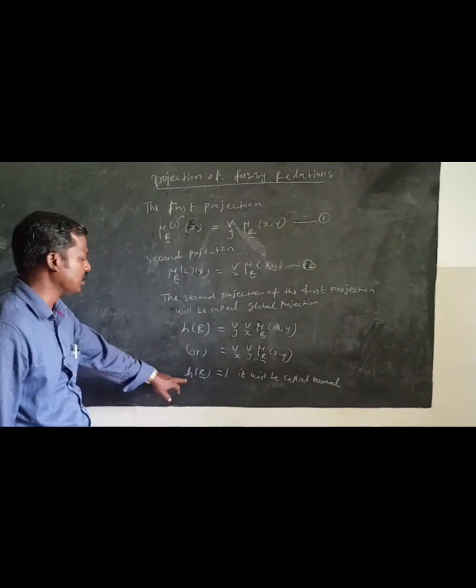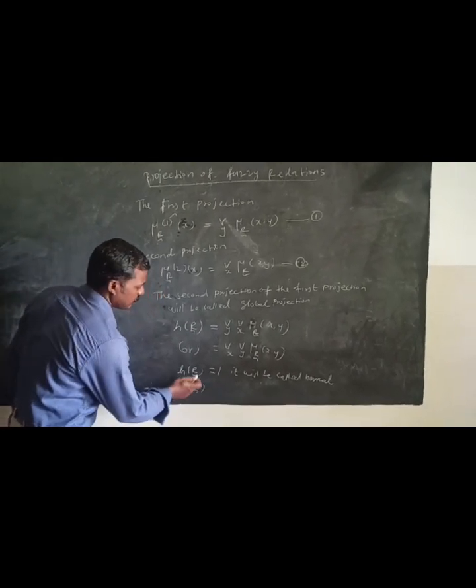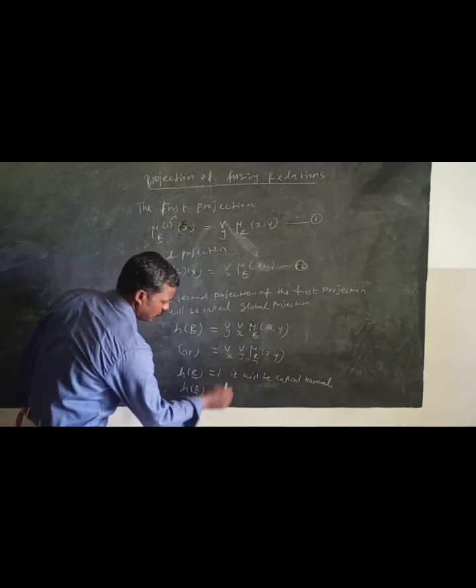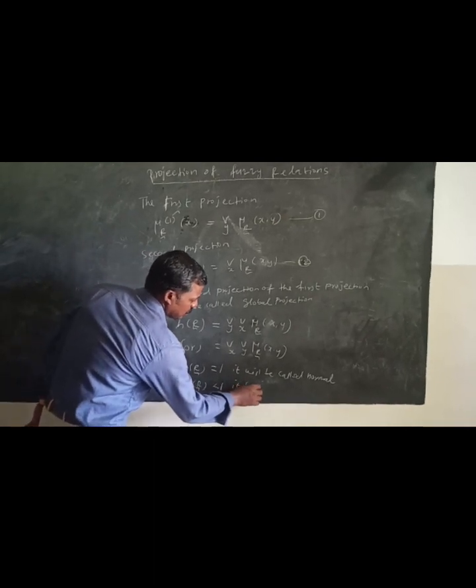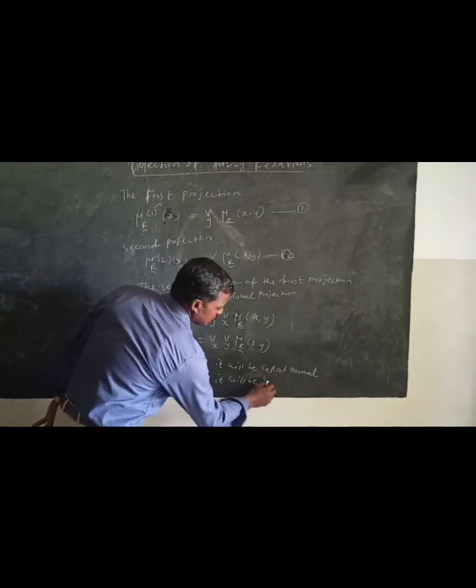Suppose H(R) is less than 1, the global projection of the fuzzy relation R is less than 1, it will be called subnormal.